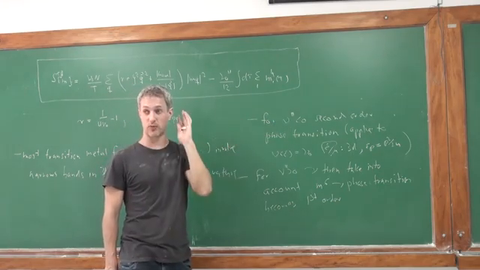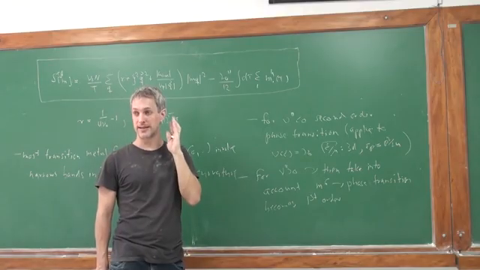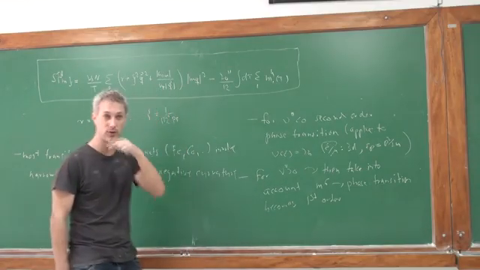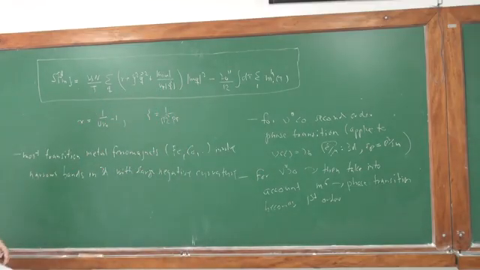Okay? So we saw that what really matters is that the product of the interaction times the density of states is large. So even for small u, if you have a large density of states, you make this transition.